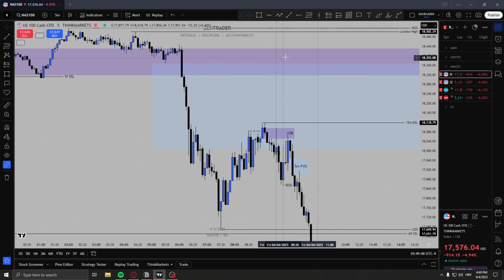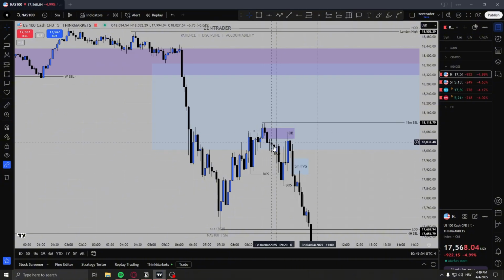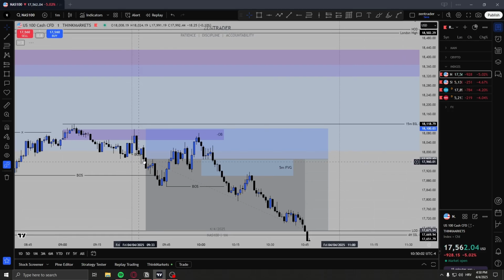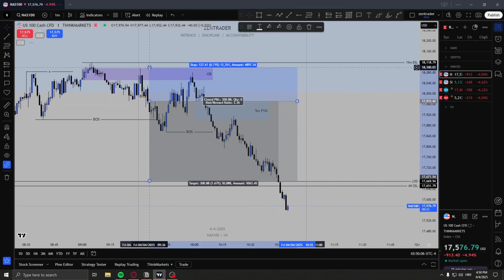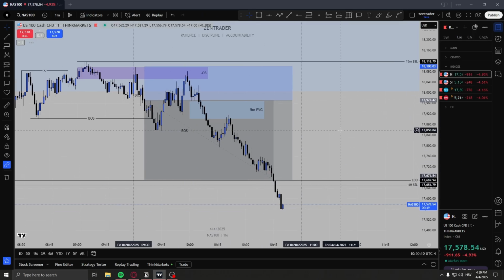So we have a breakout structure here on the 5-minute, as you can see. So sweep liquidity, breakout structure, we have a fair value gap and an order block, these two candles. Price retraces into that and then offers a 1-minute breakout structure on this candle. So you enter here, stop has to be above the order block, target these lows that I marked out, easy 2.36 R.